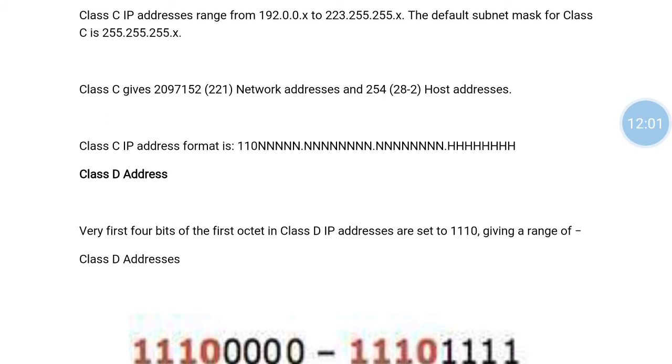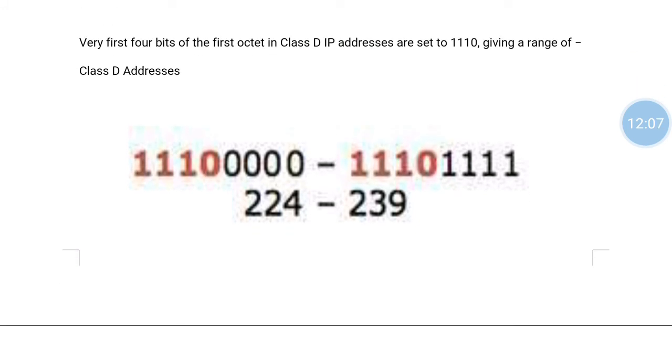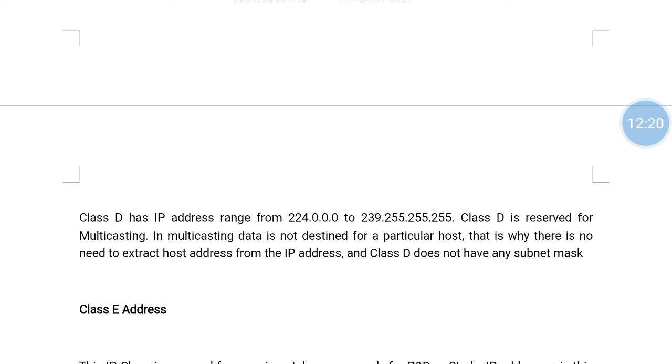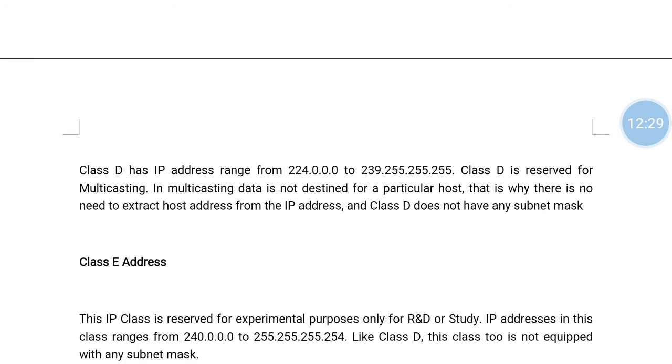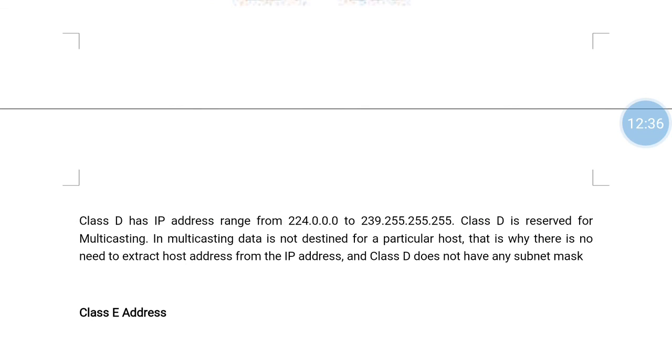And for class D, the first 4 bits are set to 1110, and it has a range from 224 to 239. Class D does not have any subnet mask.